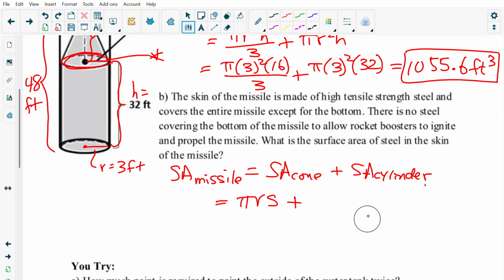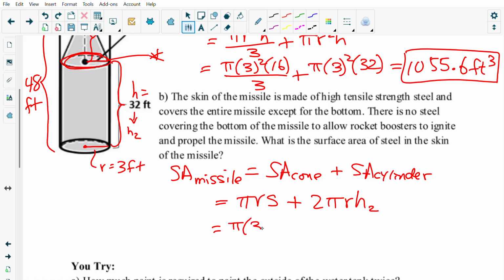So what do we have left? We have pi r s, and 2 pi r, the lateral surface, and we have the height. I'm going to call it h2, so this is height 2.